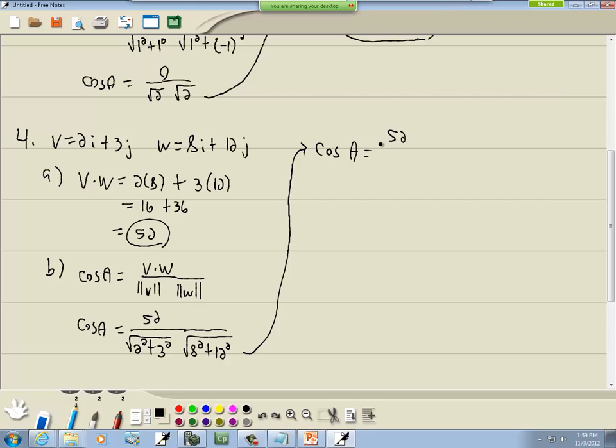So we got 52 over 2 squared is 4, plus 3 squared is 9, so was that 13? 4 plus 9, yeah. And then this one is 64 plus 144.